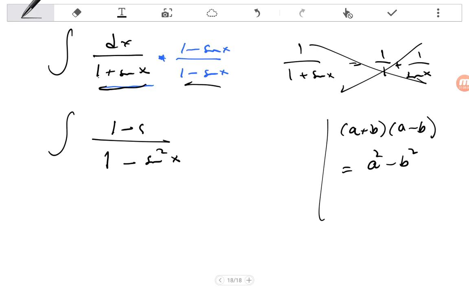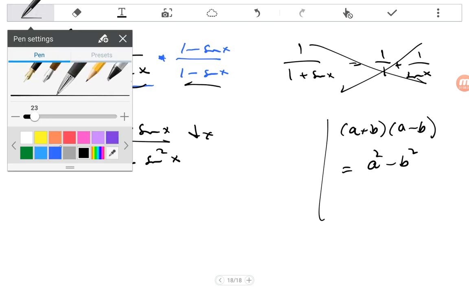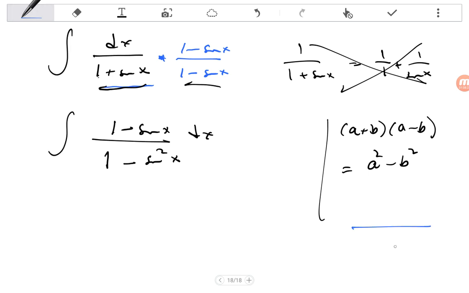And for the numerator we'll have 1 minus sine x. Now I need to remember that I told you that we cannot have explicit rules for integration, but there are some rules that give us some guidance or make the problem simple. One of the main rules in integration in general is that we like to make the denominator one term.